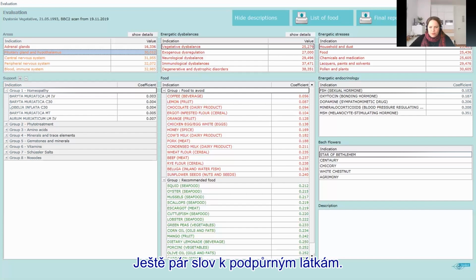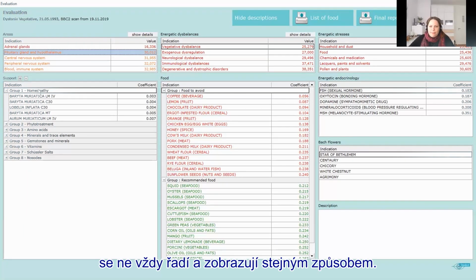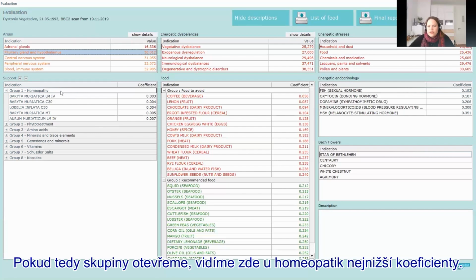Important with the support, before we go back to the slides: in these groups, we have the homeopathic remedies really much on the top, but it's not listed in the same way. It's always listed with the first or the lowest coefficient of the first etalon in every group.